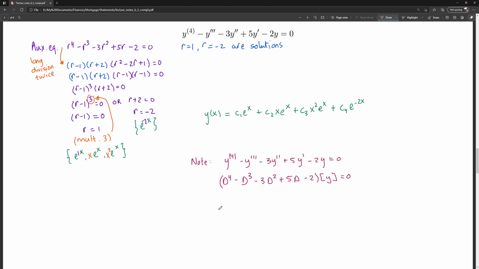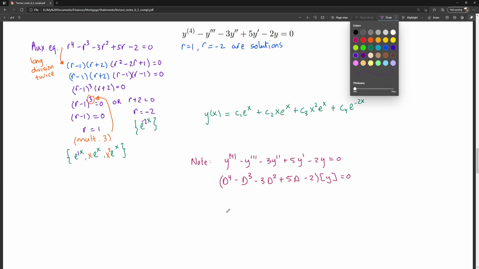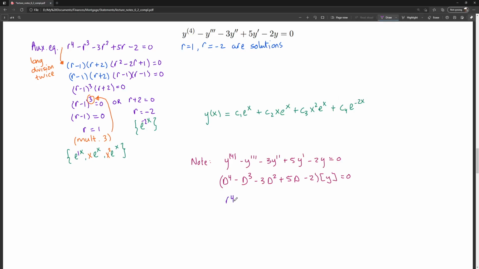But if you compare that with the auxiliary equation, r to the power 4 minus r cubed minus 3r squared plus 5r minus 2 equals 0, you see that we can go directly from operator notation to the auxiliary equation.